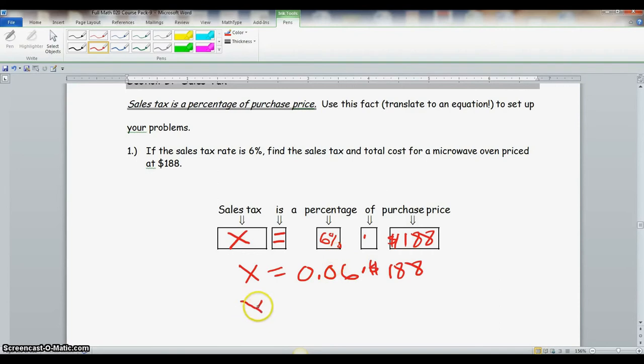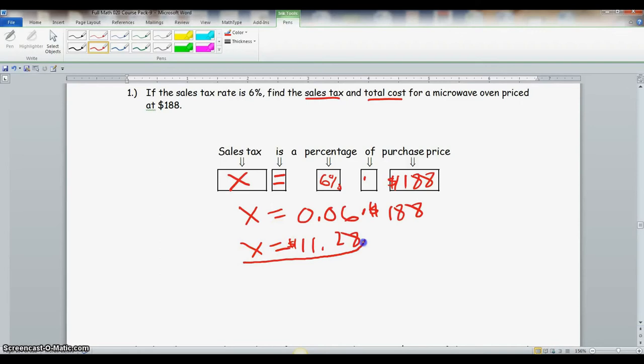Now we want to find the sales tax. So we would take 0.06 times $188. And that gives us $11.28. Now, that is only part of the problem because we wanted to find the sales tax and the total cost. So this is the sales tax. Now we want the total cost.